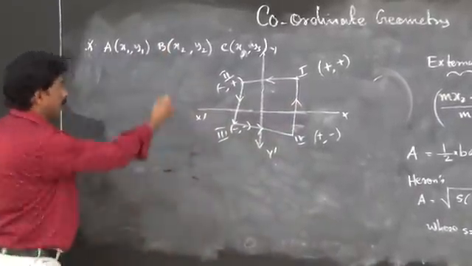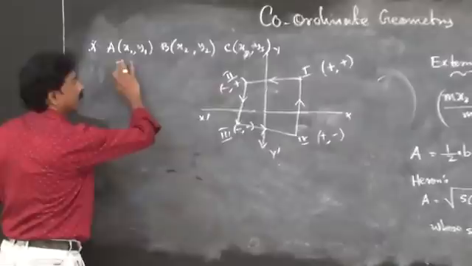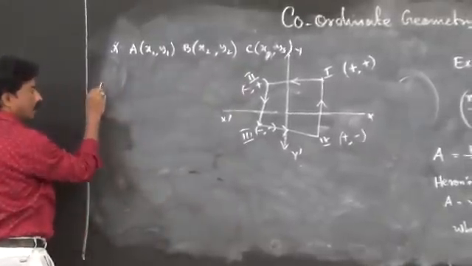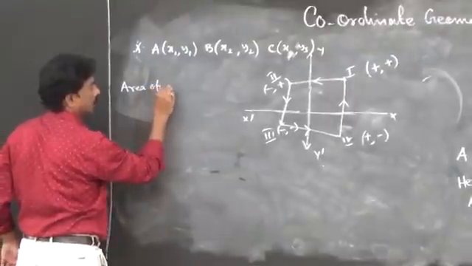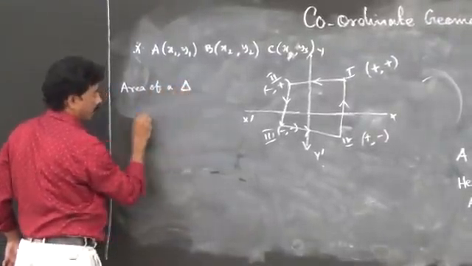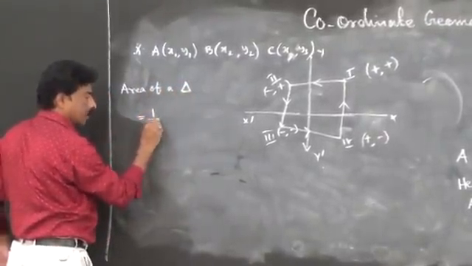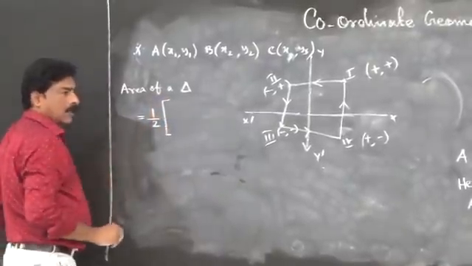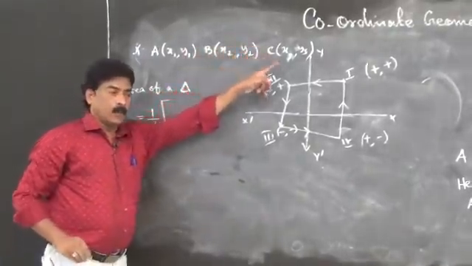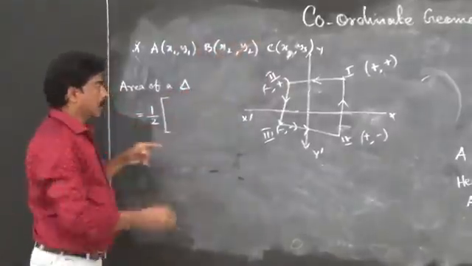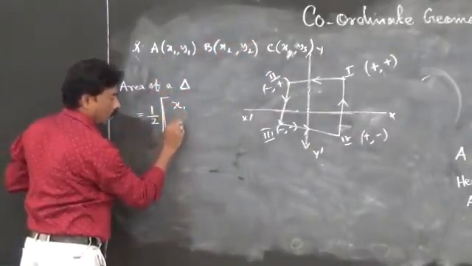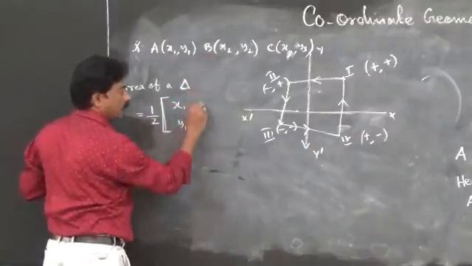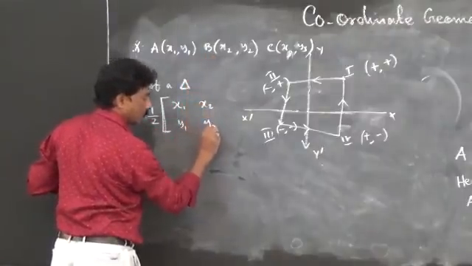So, for example, after plotting, the formula is a shortcut formula. Area of a triangle is equal to 1 by 2. This is a shortcut. Just after plotting, name A, B, C. Then write like this. A is x1, y1. What is B? x2, y2.